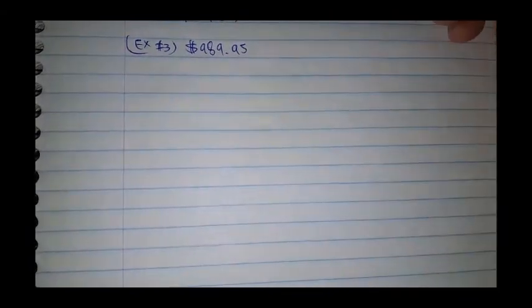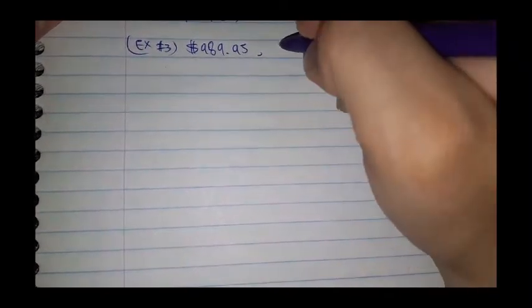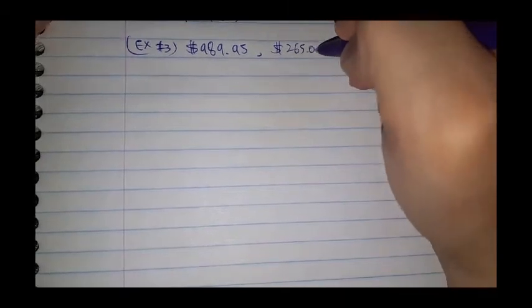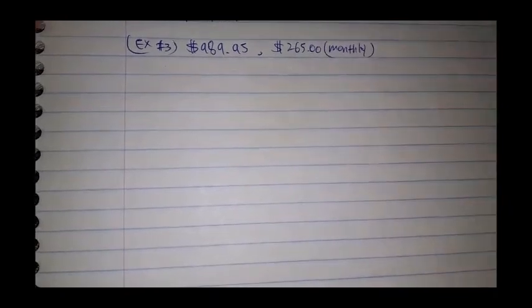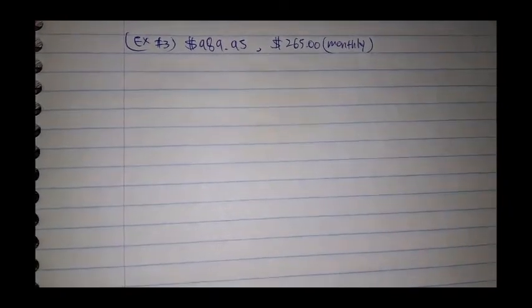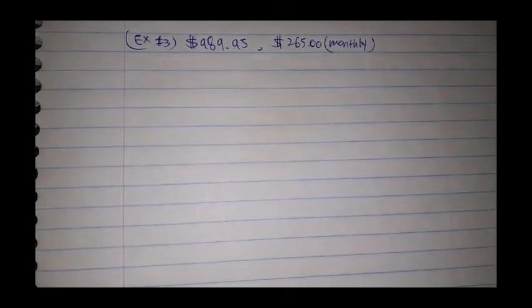The store has an offer of nothing down and 4 easy monthly payments of $265. We're trying to answer A, what is the total cost of the stove on the payment plan? And B, use the simple interest formula to calculate what rate of interest is being charged.